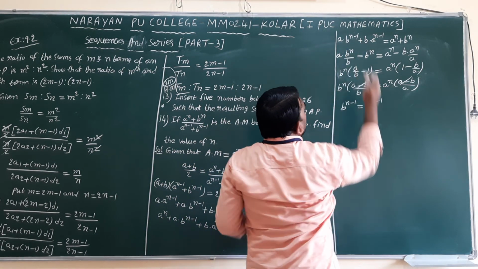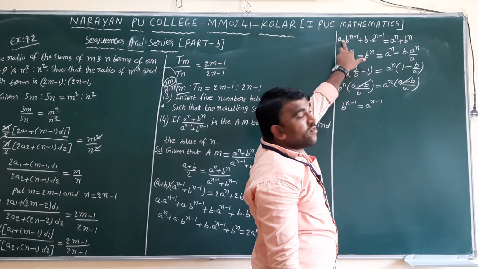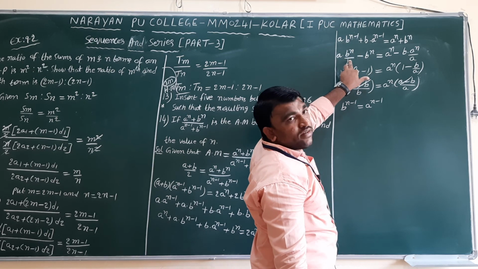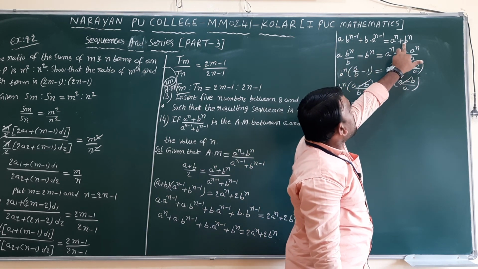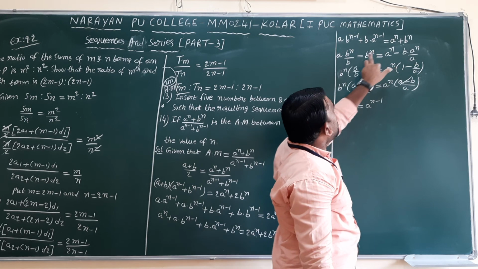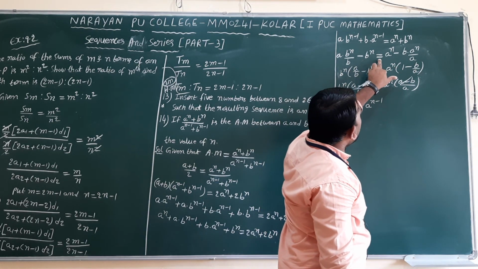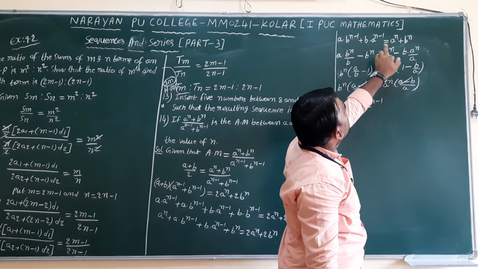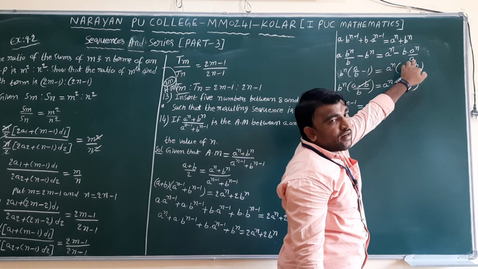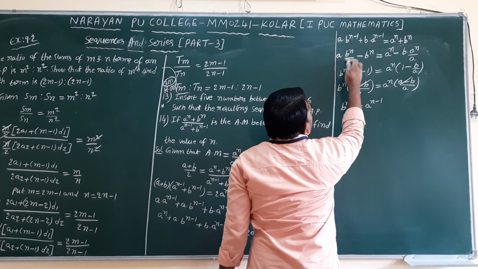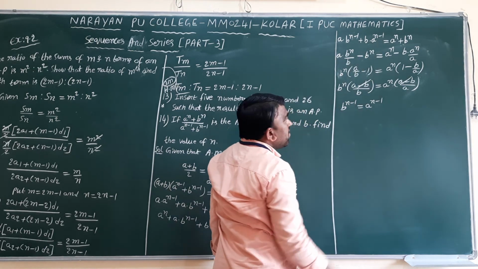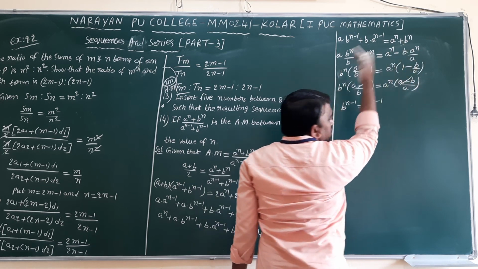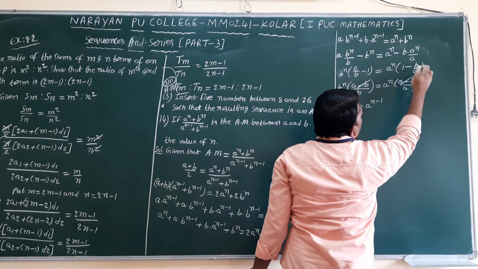Now from this step, a into b power n minus 1 we can write as b power n divided by b. The b term will go here, plus will be there, minus b power n, equal to a power n, write as it is, remaining b into a power n minus 1 we can write as a power n divided by a. From these two, b power n we take common, so remaining is a by b minus 1. From these two, a power n we can take common, 1 minus b by a.